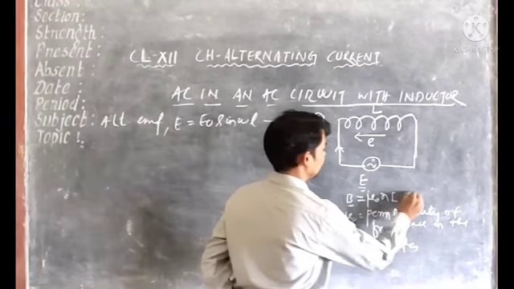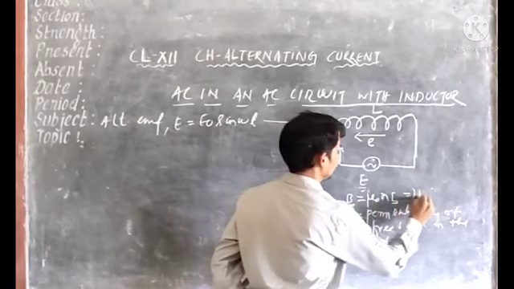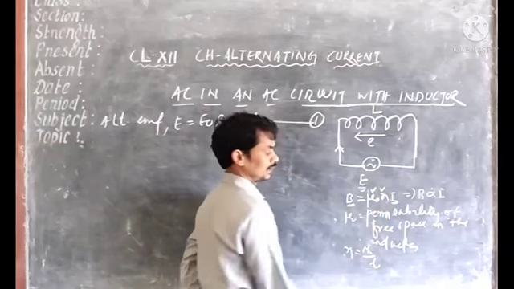So you see that B is directly proportional to I when n and mu naught are constant.